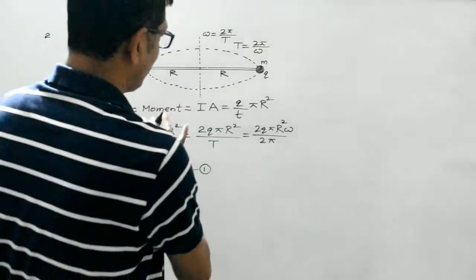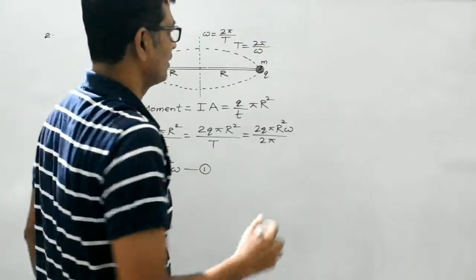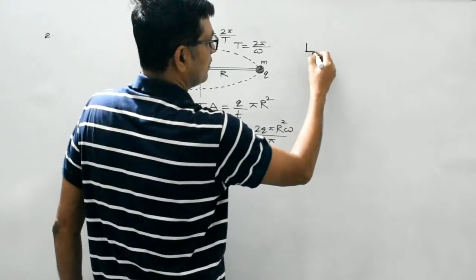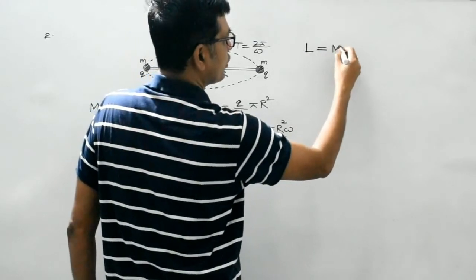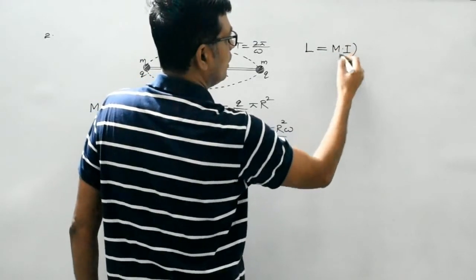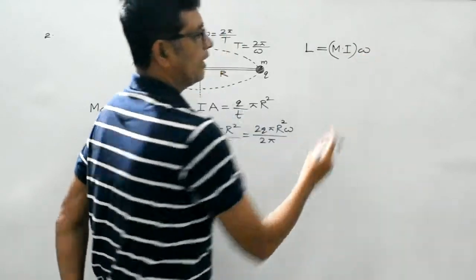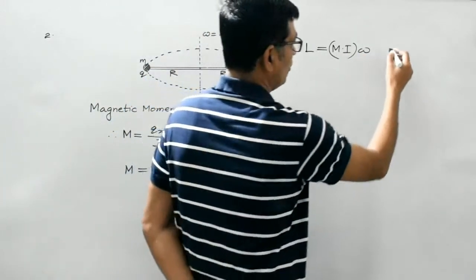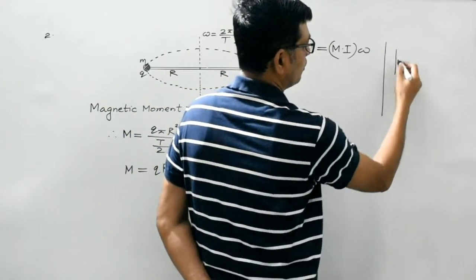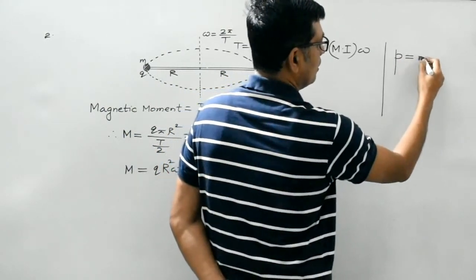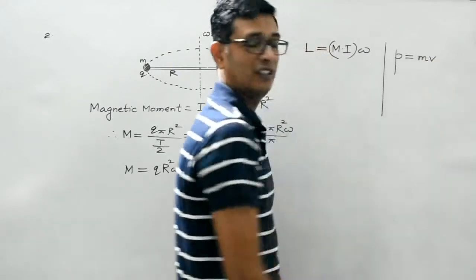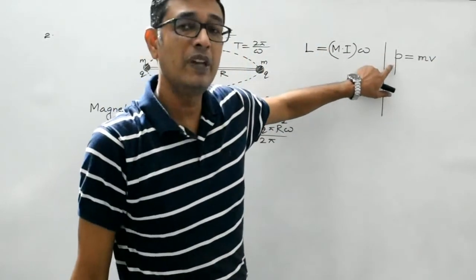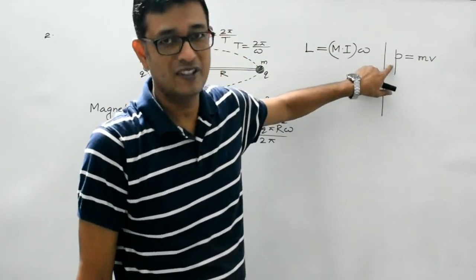Okay students, now let's find out the angular momentum of the system. Angular momentum is the moment of inertia of the system multiplied by angular speed. You can remember the angular momentum formula with the help of this analogy. Linear momentum is the product of mass and velocity. This is the formula we make use of in translatory motion, right?